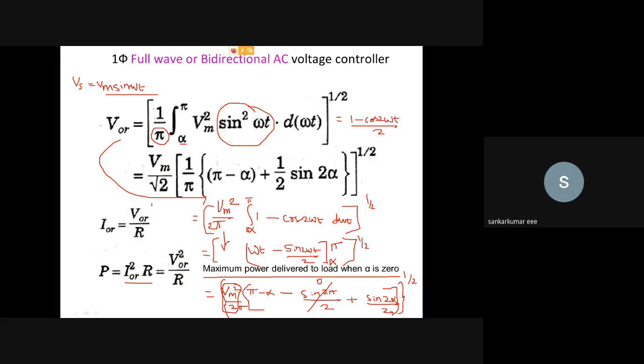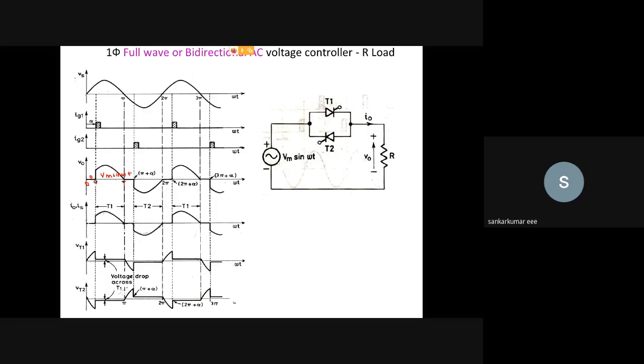If we substitute alpha equal to 0, we will be getting the same as your input voltage. Here, this is your input voltage. The positive half cycle is 0 to pi and the negative half cycle is pi to 2 pi. If we trigger the thyristor T1 at an angle of 0, we will be getting the output waveform from 0 to pi, the same waveform as Vs. And if we trigger T2 at an angle of pi, the output voltage and input voltage waveforms will be the same.